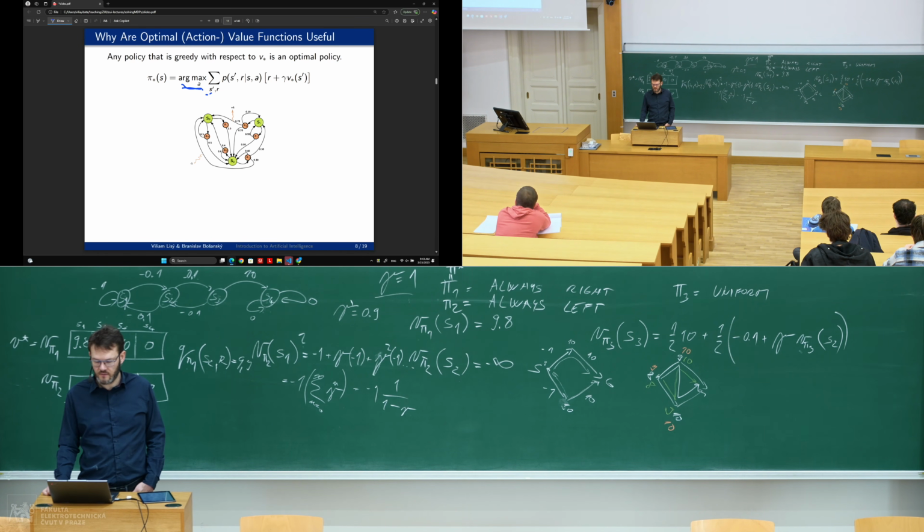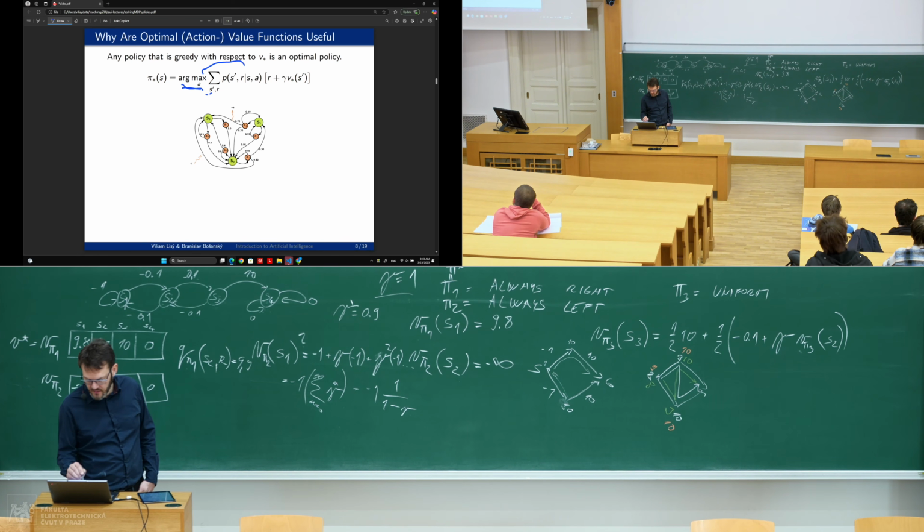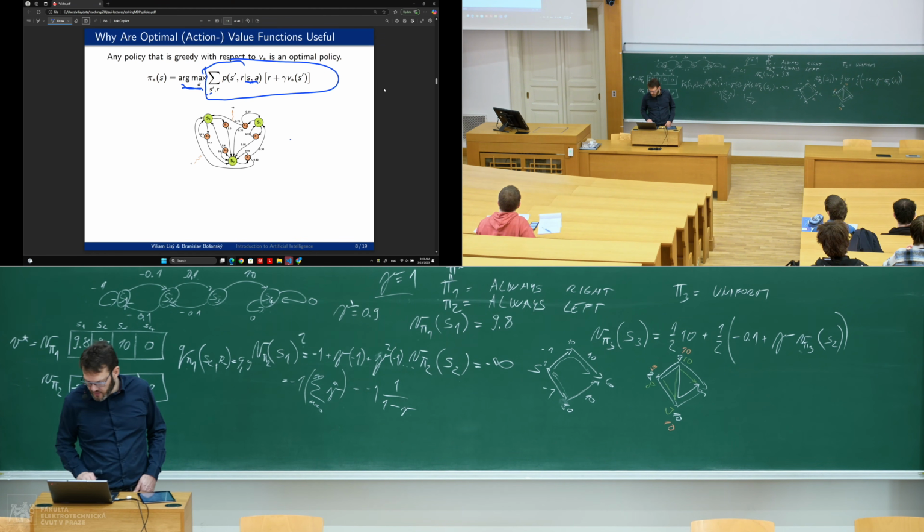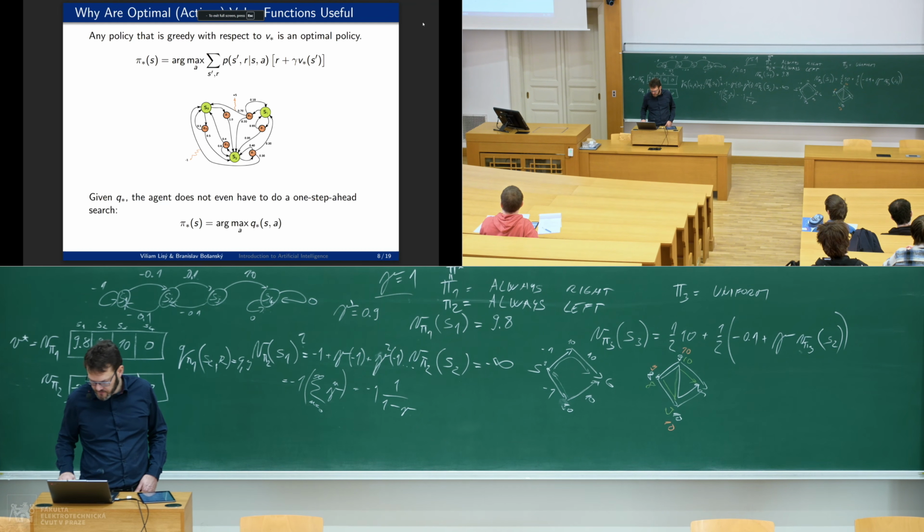Would you rather know this V star, or would you rather know Q star if you were to implement this agent? This is basically the Q star, right? It is the expected value of performing action A in state S. So the advantage is that you don't need to compute all that.